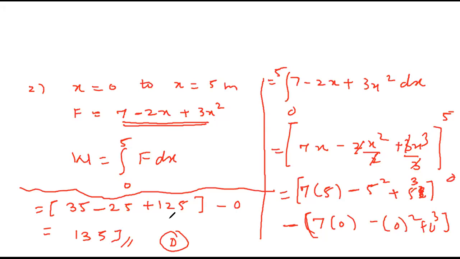Therefore, work done W equals Fy into displacement along y. Fy is 15, displacement is 10, so 150 joule.